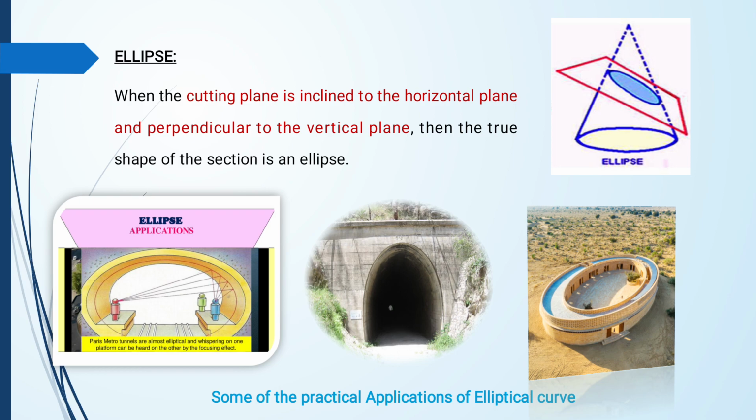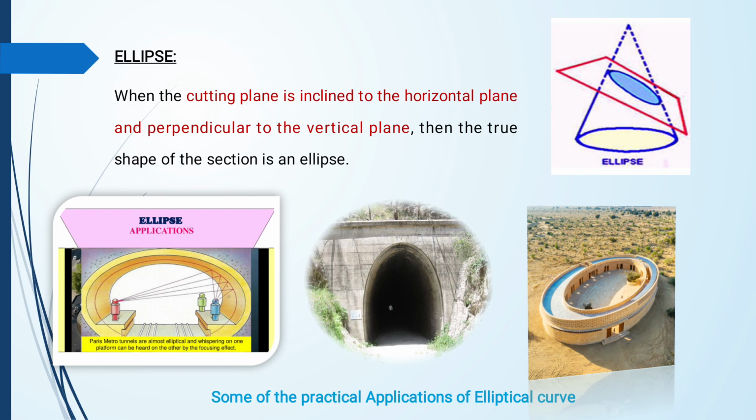Then the elliptical tunnel-shaped railway bridge construction, second image. Then another important figure is an indoor stadium, an elliptical-shaped indoor playground. These are all practical examples of ellipse.